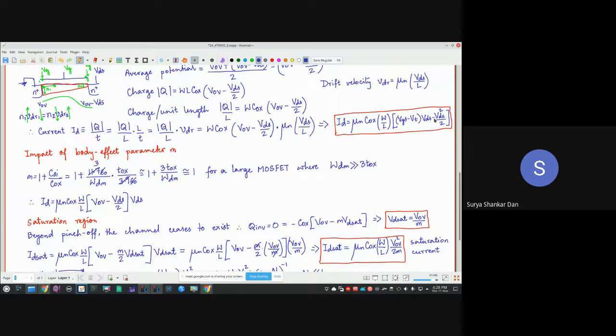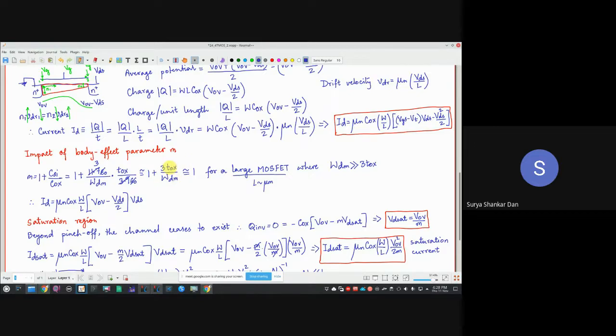But when is it valid? For a large MOSFET. So large MOSFET means channel length is in the order of micrometers. Understood? So when channel length is in micrometers, WDM will be in micrometers.